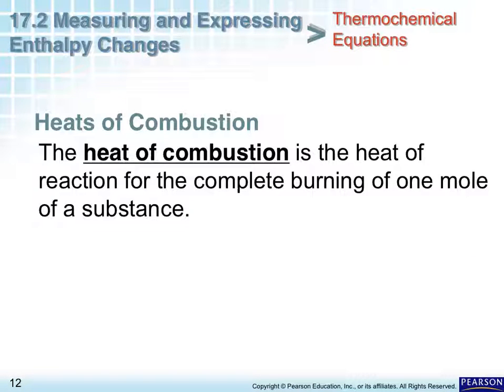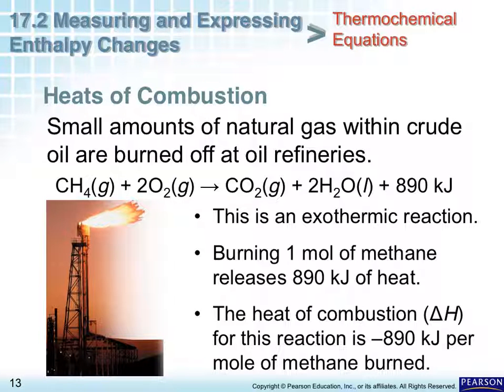The last part here is heat of combustion. And heat of combustion is just a term to mean the heat of the reaction if we're burning. So it's the same as heat of reaction, only we're burning it. So for example, the burning of natural gas, which is also called methane, has a balanced equation here.